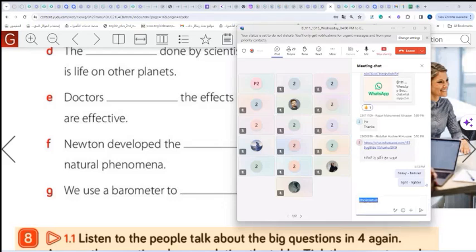So phenomenon is a singular noun. Okay, dear students? Okay, teacher. But phenomena is a plural noun.